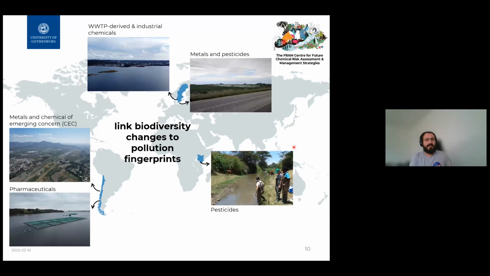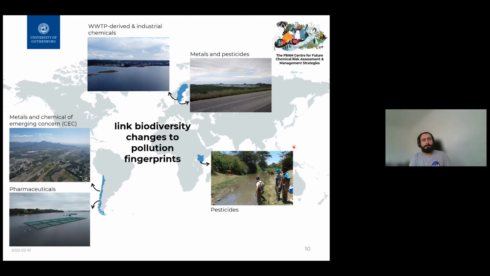We are interested, at FRAM and also in my research, in linking all these biodiversity changes to what is understood as the pollution fingerprint. We define a pollution fingerprint, a list of chemicals present in the environment, and then we assess how those chemicals affect the biodiversity of any community in a water sample or sediment sample, mainly.